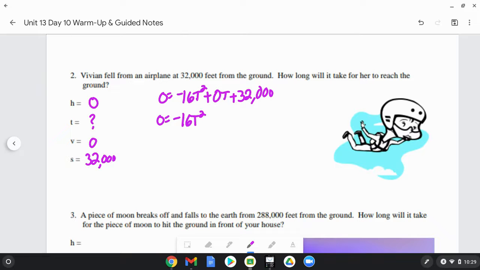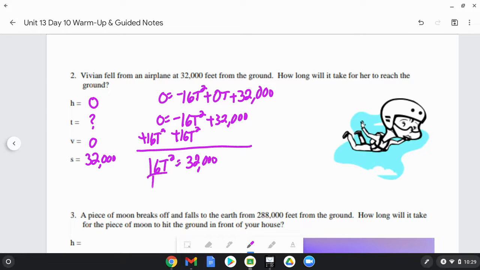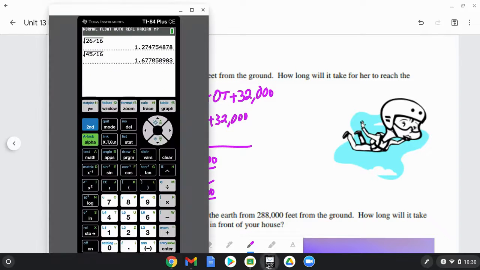0 equals negative 16t squared plus 32,000. We move the 16t squared to the other side. So now we'd have 16t squared on the left, 32,000 on the right. We divide by 16. We leave it as a fraction. And then in the end, that's exactly what we put into our calculator. So let's see how long it would take to hit the ground from way up there.